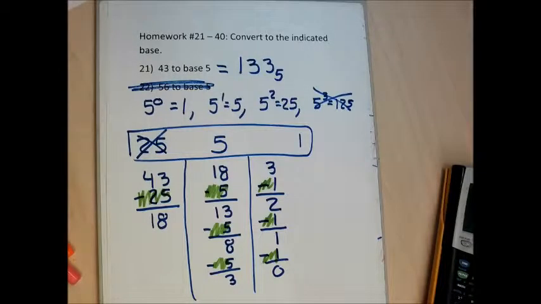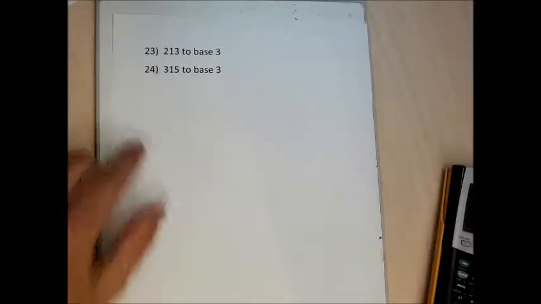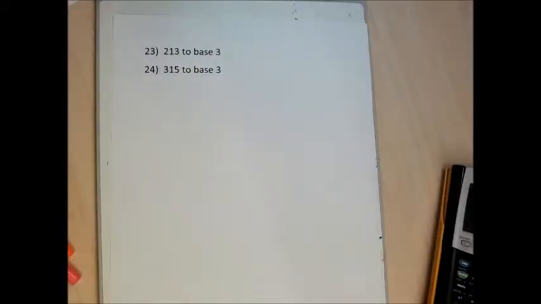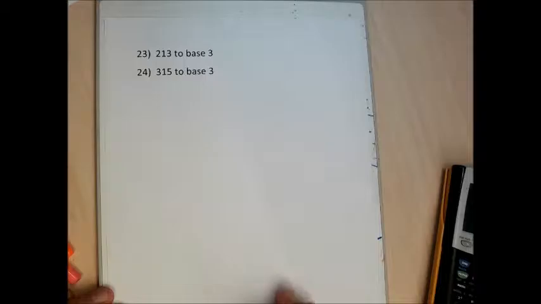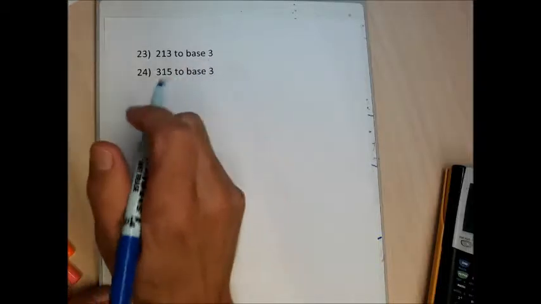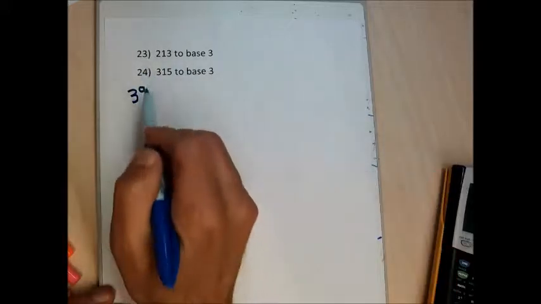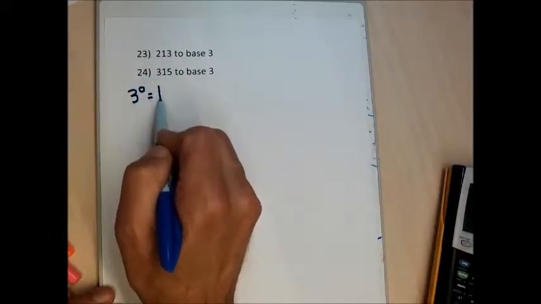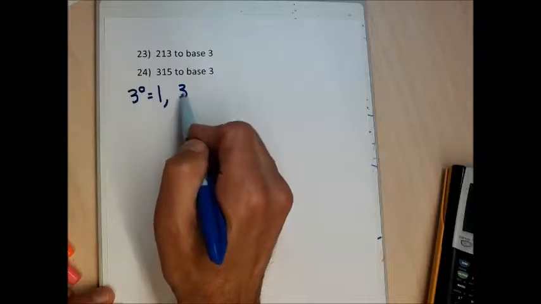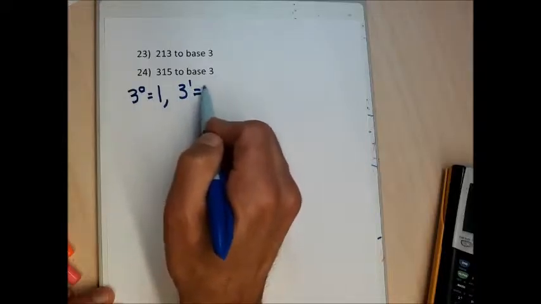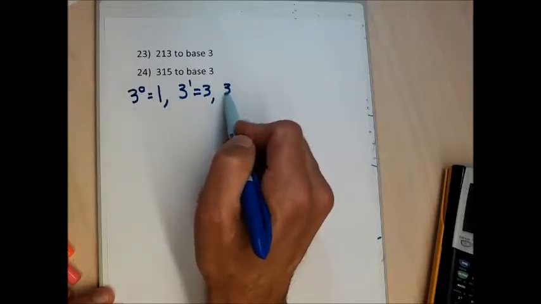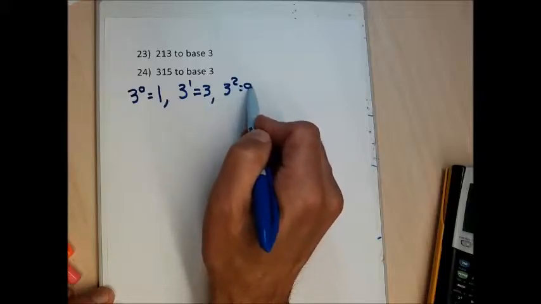Maybe I'll work through, well, I'll do 24, and then I'll wind up doing 25 with you, because that's a little bit tricky. So to do problems 24 or 23, because we're going to base 3, I need to know the powers of 3. I can do these on my calculator if I don't know them. 3 to the 0 is 1. 3 to the 1 is 3. 3 squared is 9.